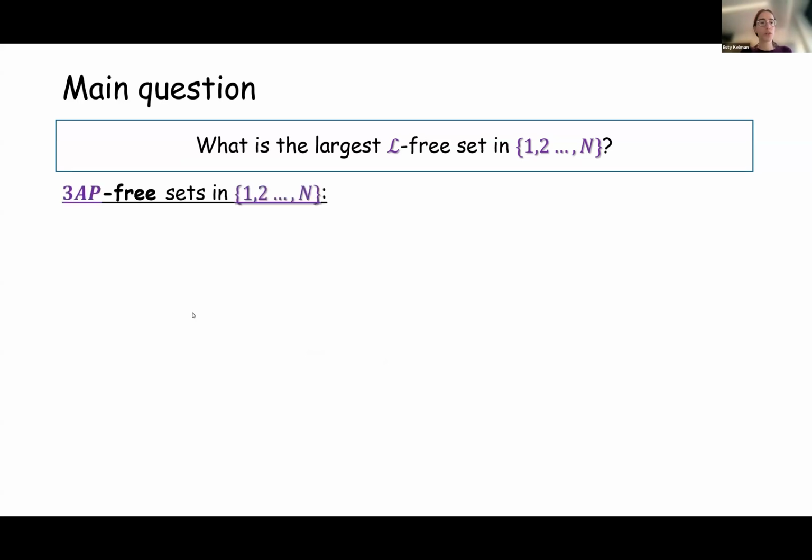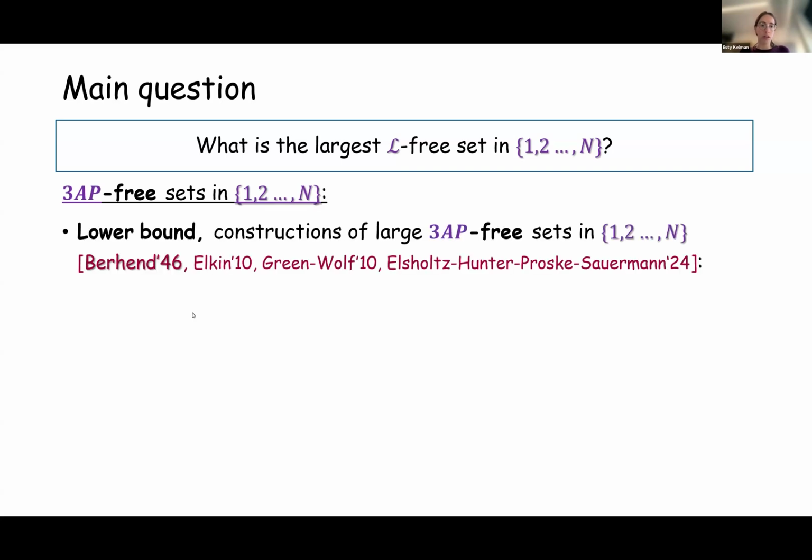What do we know about 3AP? The best constructions that are known to this day are of the following lower bound. There are some recent improvements to Behrend's construction, but these are only lower-order-term improvements.